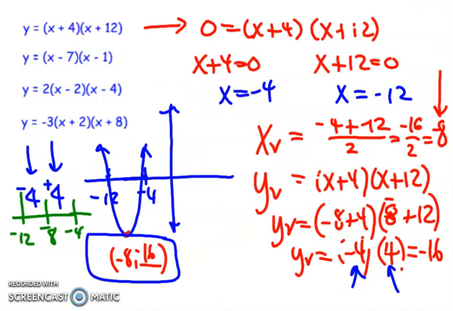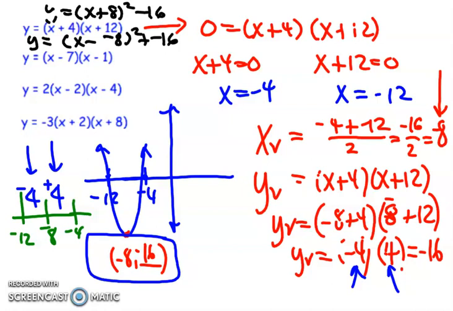All right, going back to the first problem, it asks you to write these in vertex form. So this one would be y is equal to, our vertex is at -8, -16, so it's going to be x minus -8 squared plus -16. So the final answer is y equals x plus 8 squared minus 16.